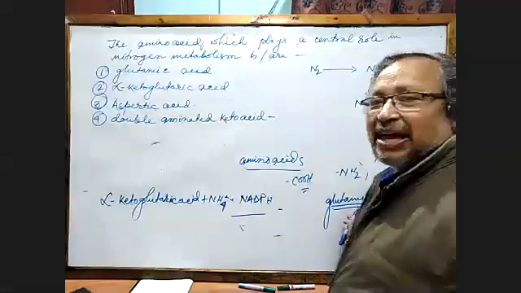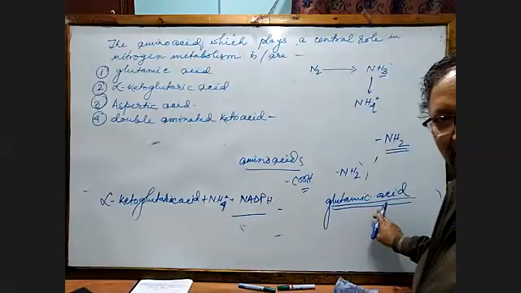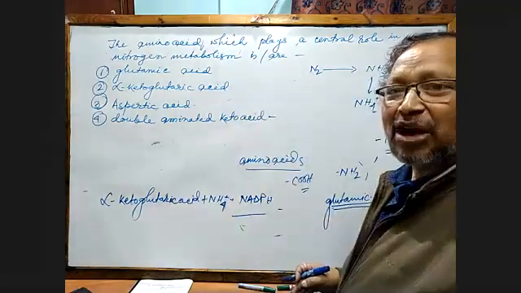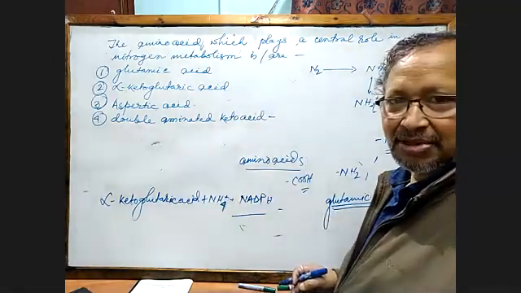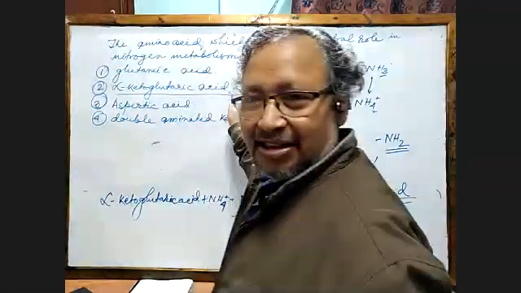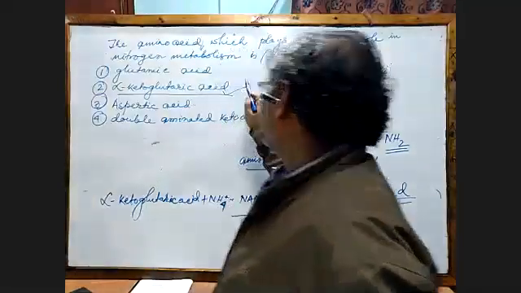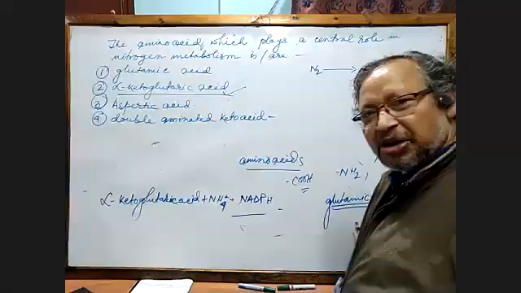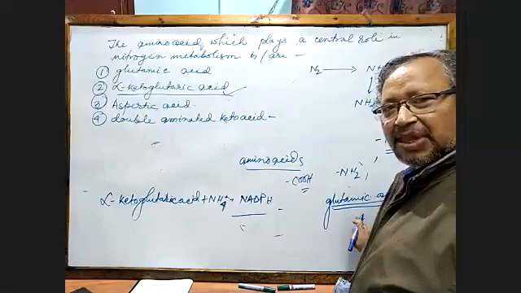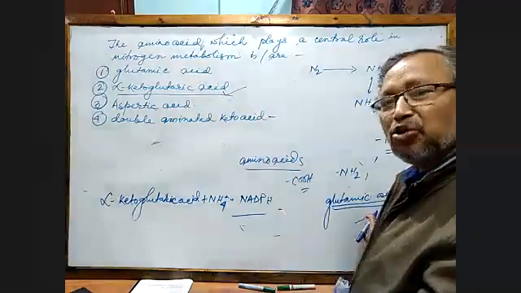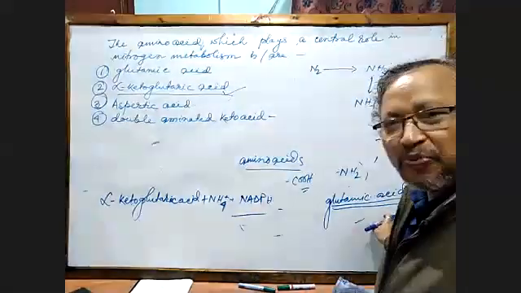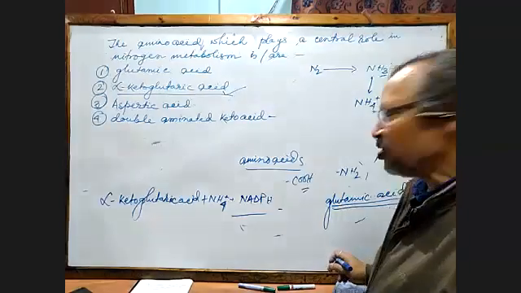From this glutamic acid, an amino acid, other amino acids are produced. From the organic acid, the amino acid glutamic acid is synthesized, and then glutamic acid can transfer or supply the amino group for the synthesis of other amino acids.